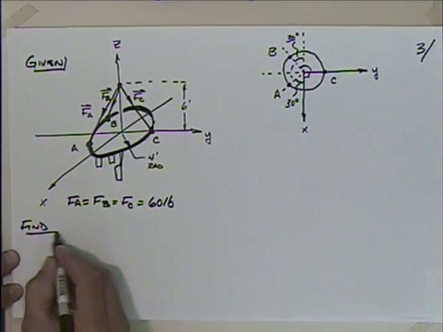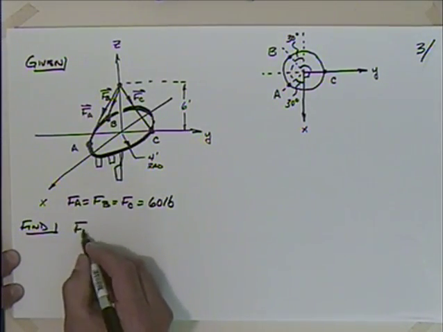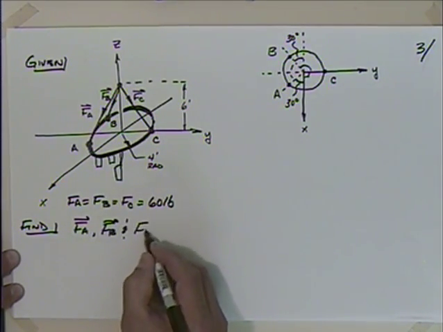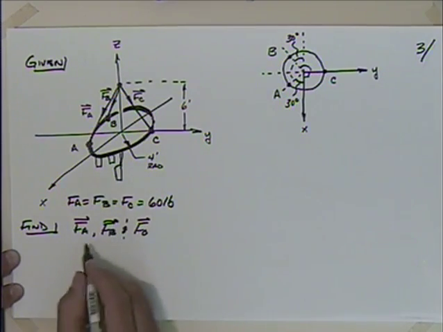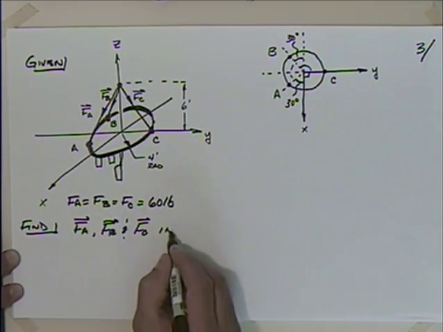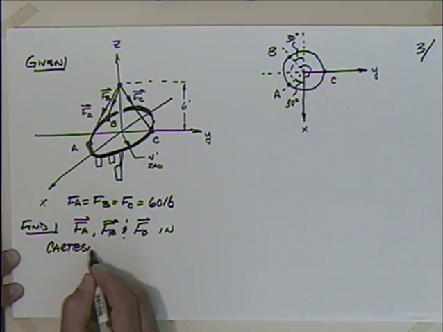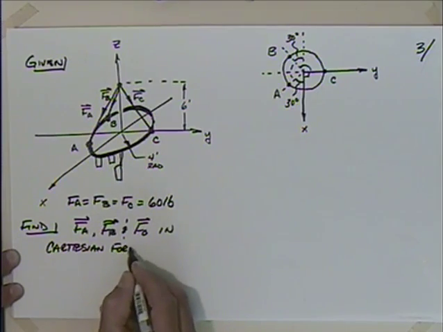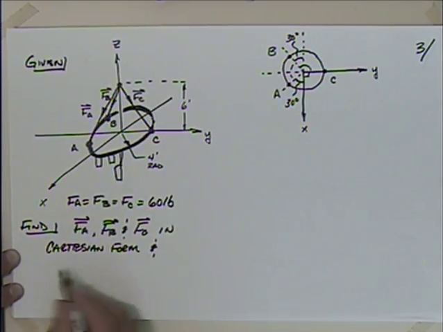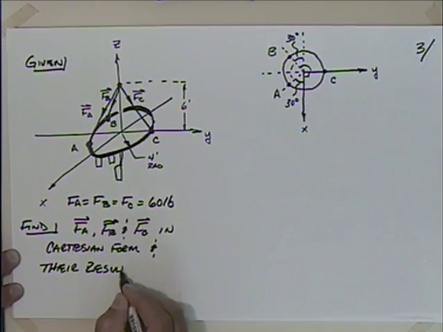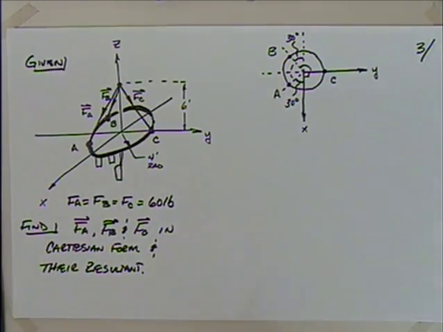Find FA, FB, and FC in Cartesian form. And maybe to keep it interesting, we'll find their resultant. Okay, so that's our task at hand.